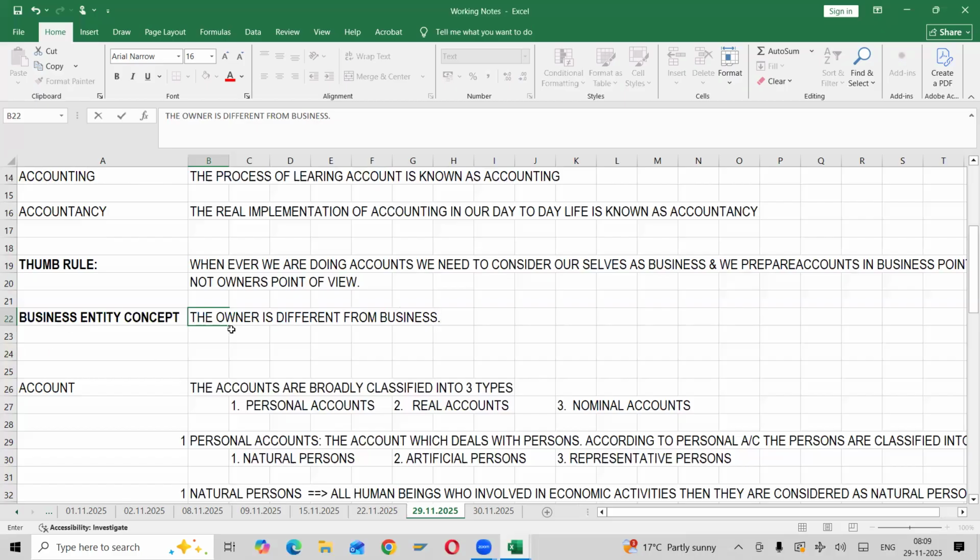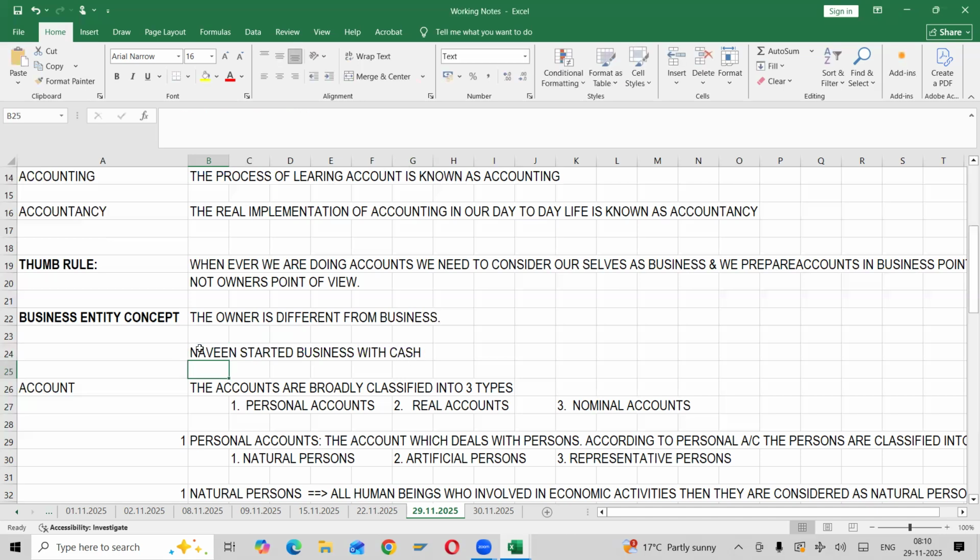The owner is different from a business. This particular thing we need to follow. Whenever we are maintaining accounts or doing a business, we need to consider ourselves as a business, not the owner. For example, if I say Naveen started business with cash.